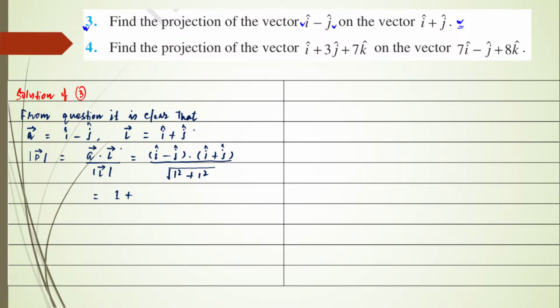So we write 0 minus unit vector j into i equals 0, simply minus 0, and minus j into j equals minus 1, by root 2, equals 0 by root 2 equals 0. So the projection of vector i minus j on the vector i plus j is 0.